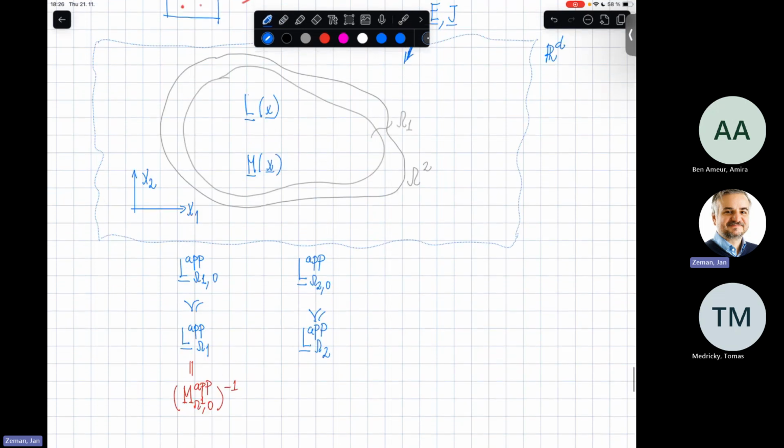And now I can proceed with this line of inquiry to actually define, or to say that I will construct my apparent properties for some omega I, where this I goes from 1 to 2 and keeps increasing up to infinity.